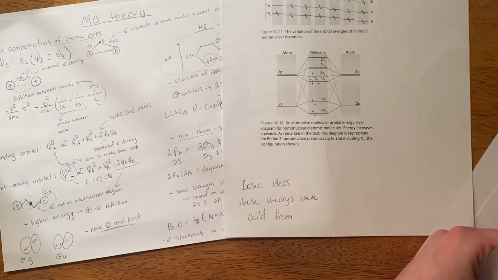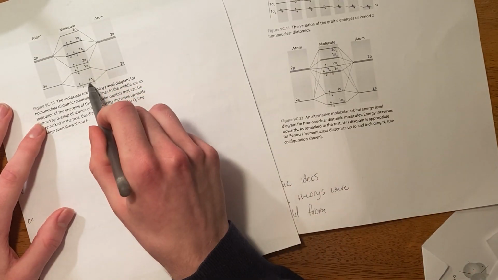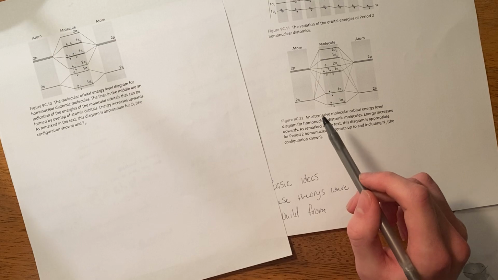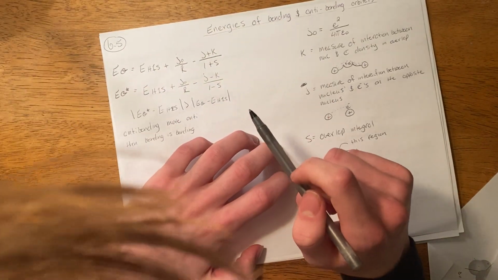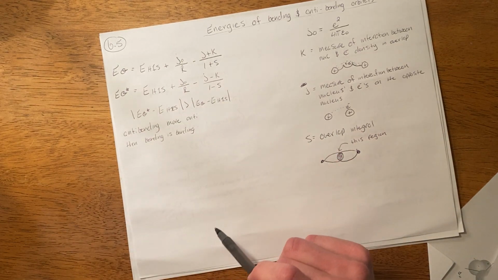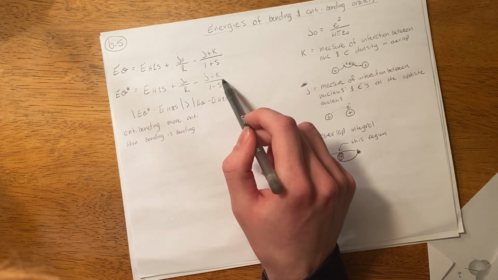I believe I do have another photo somewhere here, and yes, so here we have from oxygen to fluorine, and then here we have from boron to nitrogen. And we will move on from that. Furthermore, we have the energies of bonding and anti-bonding orbitals, and I just wanted to briefly describe that. We have this energy here for the bonding and then the anti-bonding.